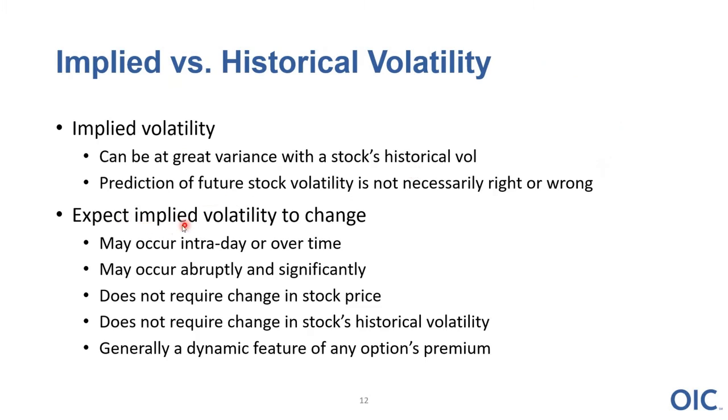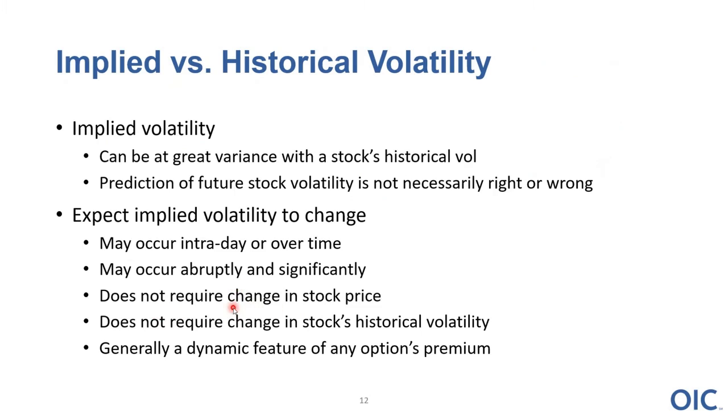And another thing to always remember about implied volatility is you can expect it to change constantly. As supply and demand is always changing, bids and offers and market dynamics are fluctuating throughout the day, every day. Implied volatility levels are going to change. They will change intraday, throughout the day.